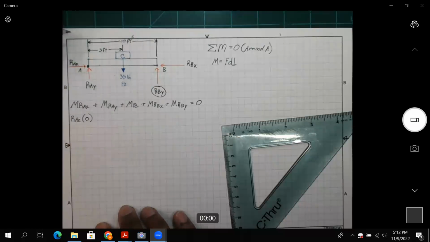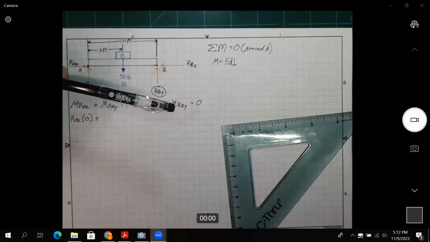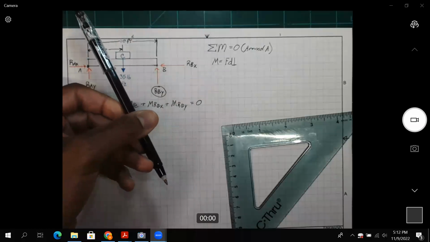Okay, so let's take a look at one more important point that we did mention in our last class meeting: you can have clockwise moments and counterclockwise moments, right?